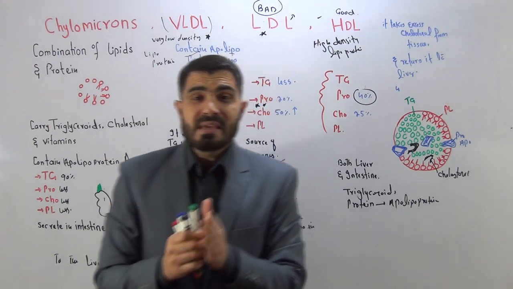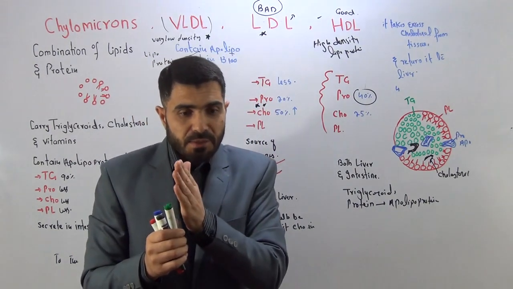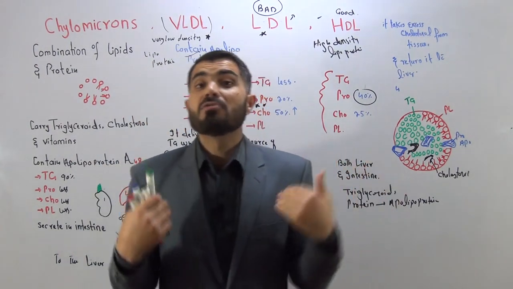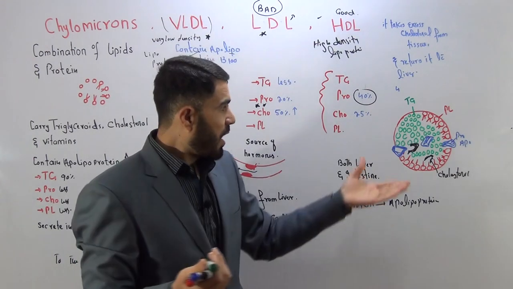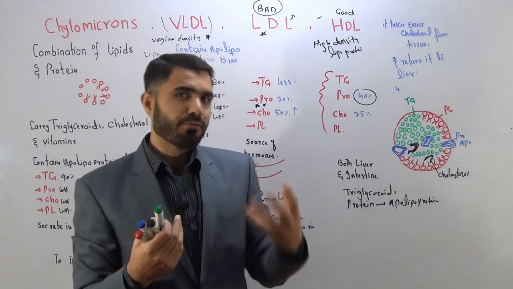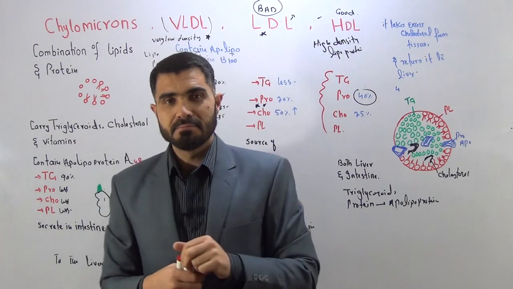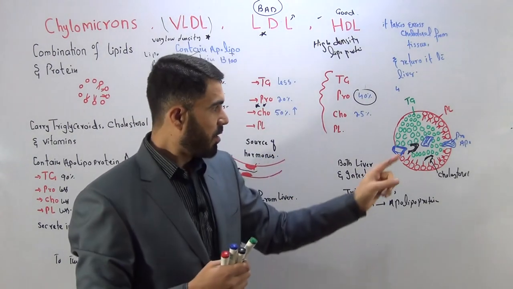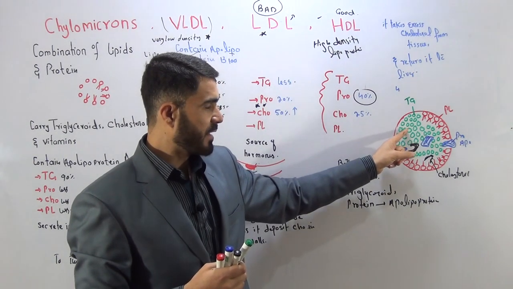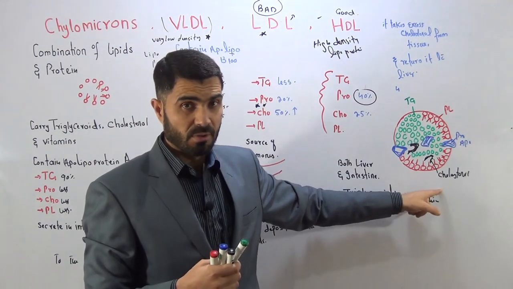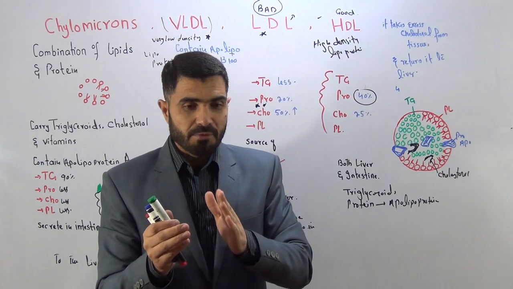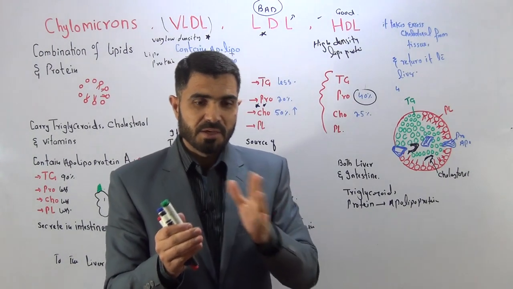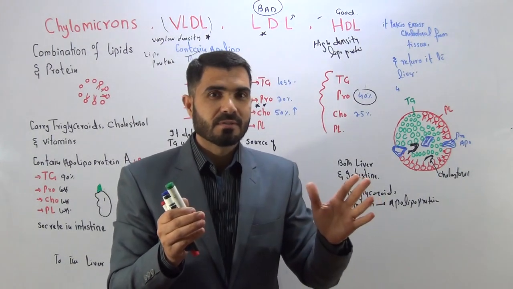Now, what makes these different terms available to us? How do we judge the four different terms from this one diagram? Actually, it is the quantity of triglycerides and cholesterol that varies between the different structures.